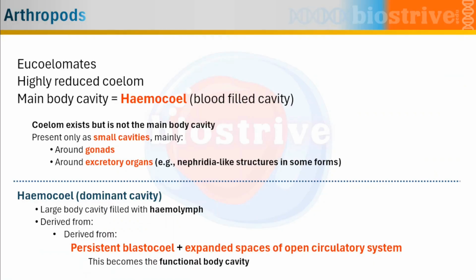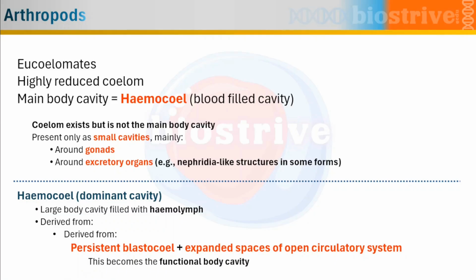Let's talk about coelom in case of arthropods. Arthropods are eucoelomates, meaning there is a true coelom which is lined by mesoderm from all the sides, and there is fluid filled inside this true coelom, that is coelomic fluid. The difference between arthropods and other true coelomates is that in arthropods the coelom is highly reduced. The coelom is reduced to the regions of gonads and some excretory organs, structures like nephridia.